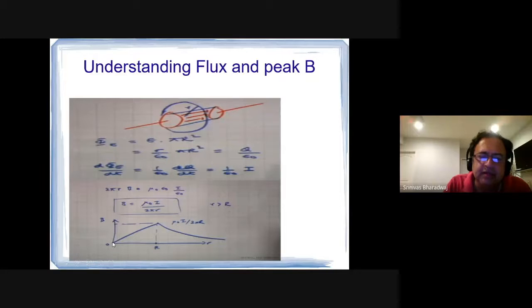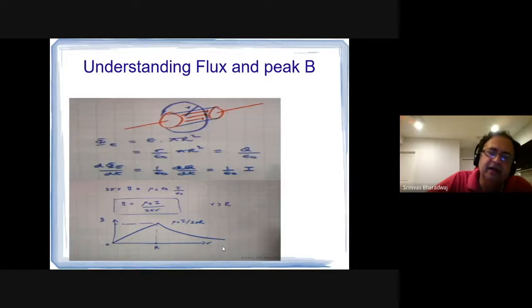Because from 0 to r, it is inside the medium. Inside the medium, 0 to r, you have a linear variation. Outside, it goes as an inverse law, right? Why is that? So you have the flux inside and the flux outside.